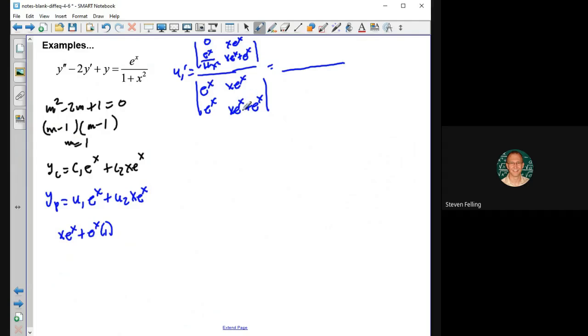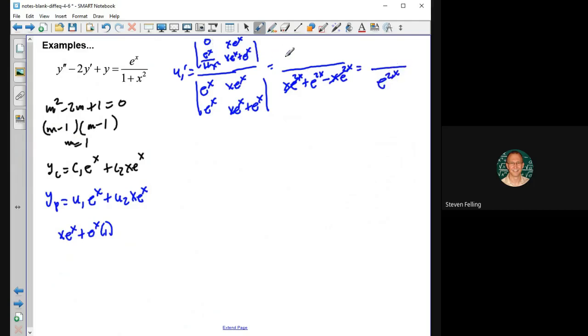So if I take this times this, that's an x times an e to the x times an e to the x, which is an e to the x plus x, which is 2x. Plus I have this times this, which is e to the 2x, minus this times this, which is an x e to the 2x. So it looks like these cancel, and I'm left with just e to the 2x on the bottom.